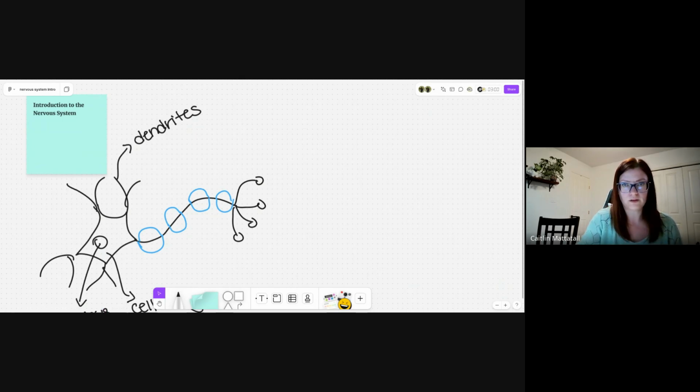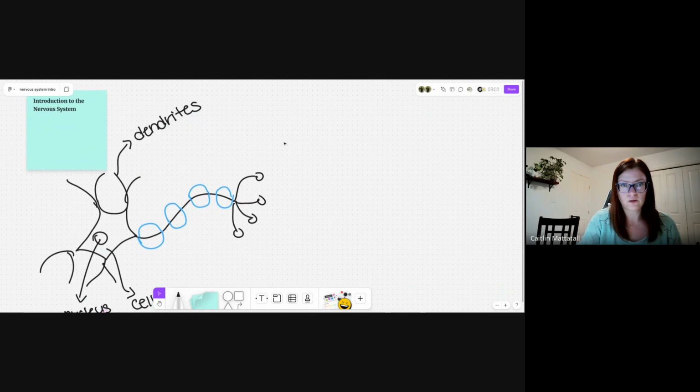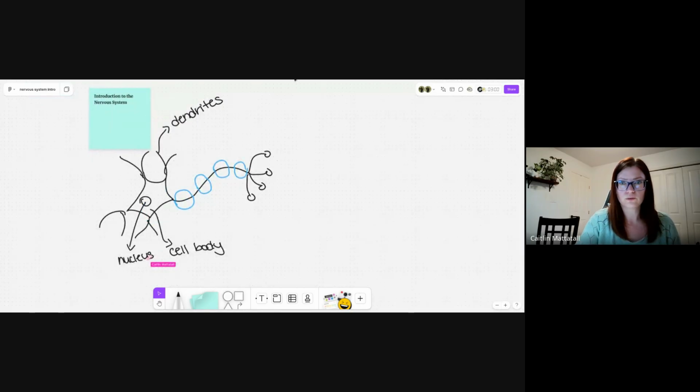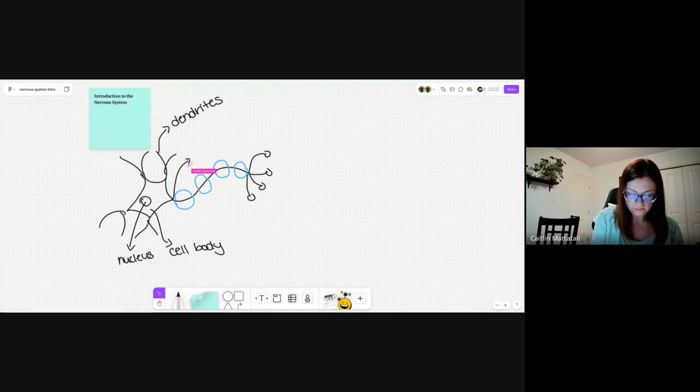Oh, and this is, let me try to, there we go, you can see that a little bit better. Okay, this line that's coming off the cell body over here probably would have helped better if I was using different colors. Like that.